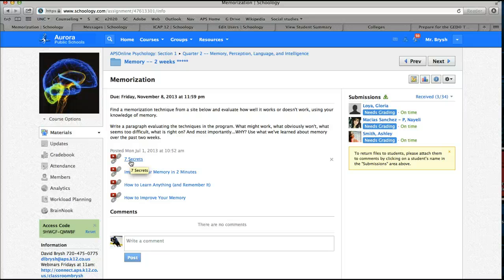Then write a little paragraph about whether it works or not, and why. What parts of memory does it help with? What parts is it maybe not so helpful with? I'm looking for an evaluation, not just a description of what it is, but whether it works or not, and most importantly, why. Use what you know about memory to explain why it works or why it doesn't work.